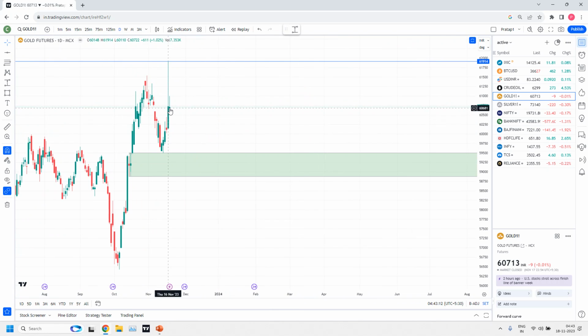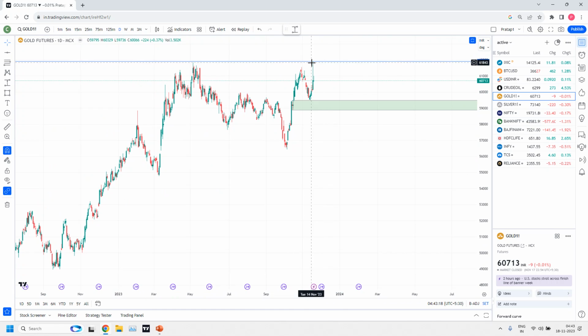On this day only, the price is the highest. At the point of the blue line I have drawn, this stock is at all-time high. That's why people say today gold reached all-time high, or today silver reached all-time high, or today Nifty 50 reached all-time high.